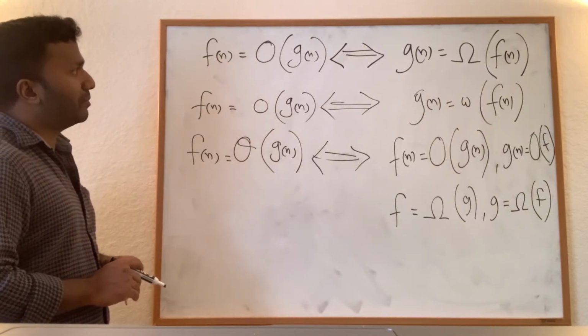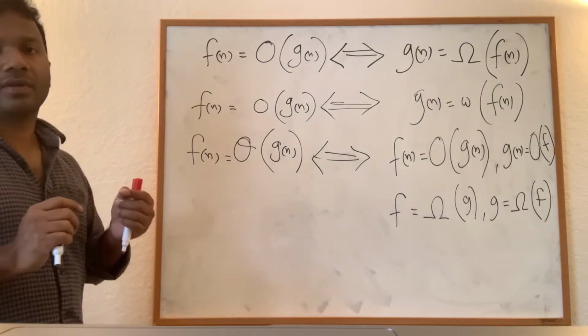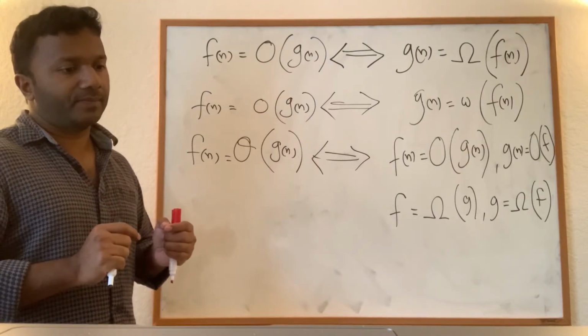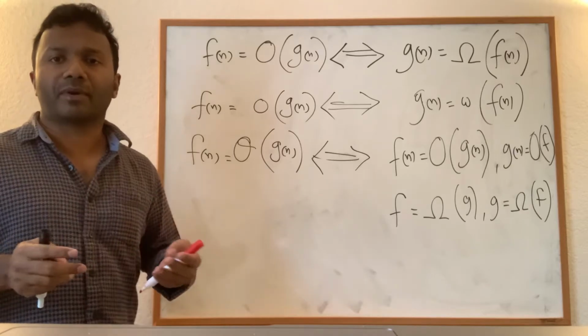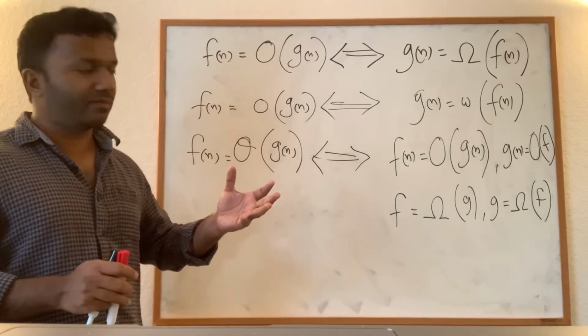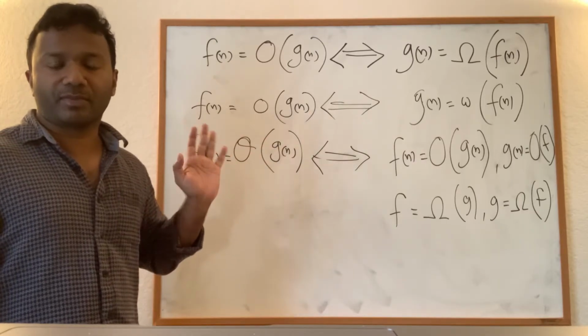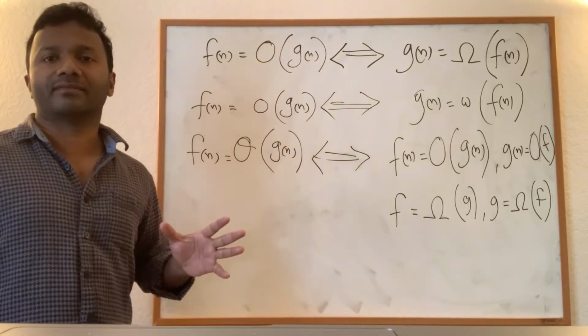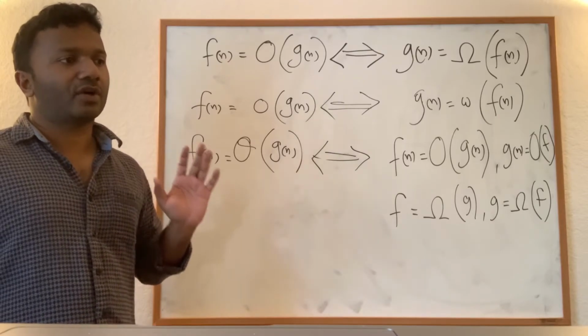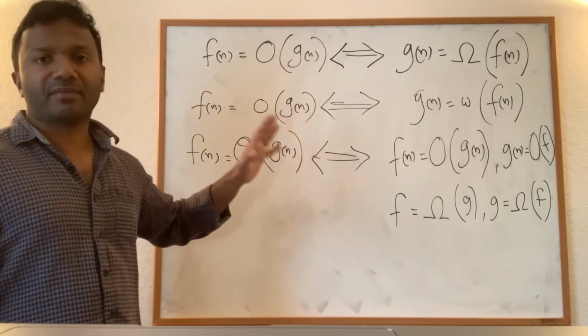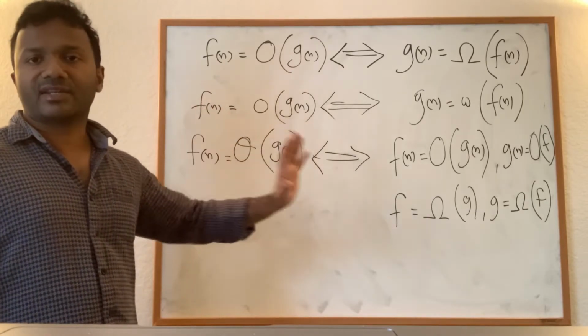And one thing we need to keep in mind is big O is usually used for showing upper bounds. Right? Once we give an algorithm, we want to say that the complexity is big O. So big O is almost like giving you a guarantee. It is almost like telling you, here is my algorithm, the running time is bounded by n square.